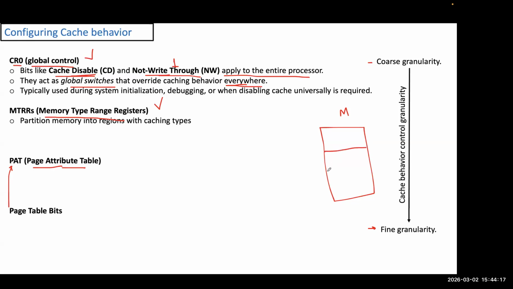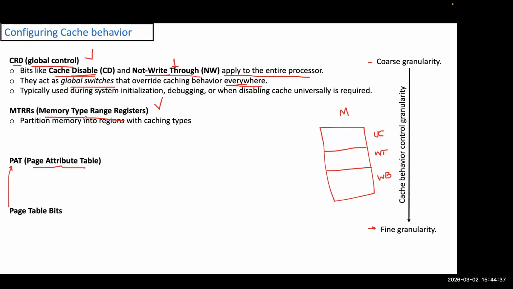For example, for certain kinds of data I want to use an uncacheable policy, for another I want to use write through, and for another region I want to use write back. So how can I do that?